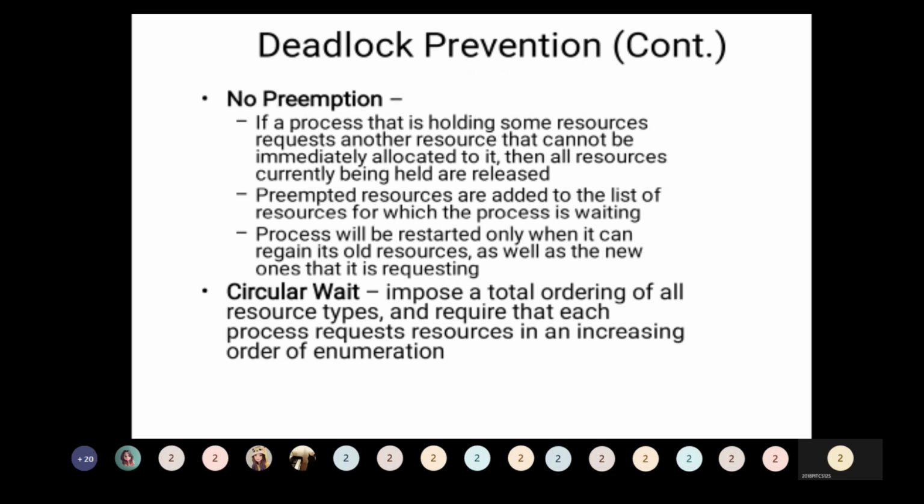Then the fourth scenario, circular wait. To avoid circular wait, we are imposing a total ordering of all the resource types and requiring that each process requests resources in an increasing order of execution. Here we are following an order of execution to avoid circular wait.